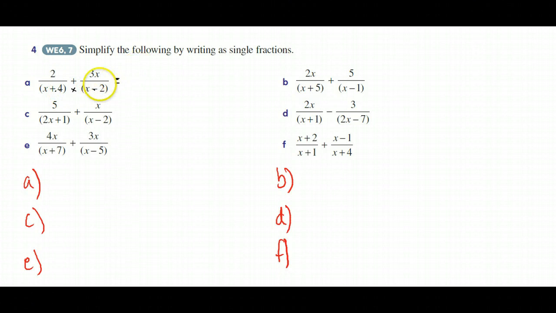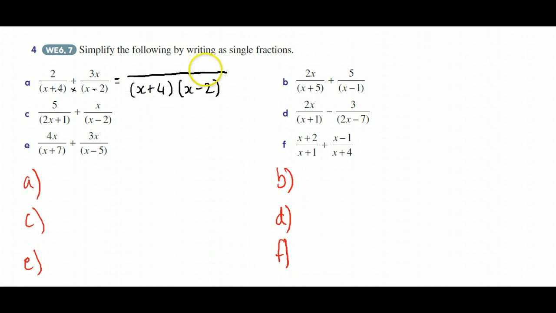Okay, so let's see what that looks like. For the first one, we're going to have x plus 4 on the bottom multiplied by x minus 2. So straight away we'll just jump to having one single fraction, x plus 4 times x minus 2, because I don't want to write that out twice.